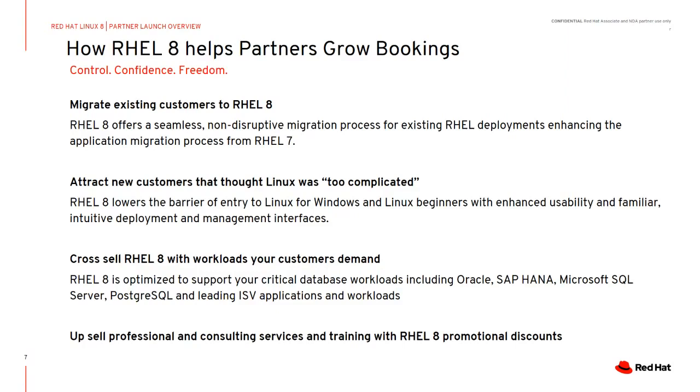Any production environment mostly runs with critical databases, including Oracle, SAP HANA, SQL, and other third-party ISV applications. For those workloads, we are providing a very optimized environment or platform to run on. That's why we said cross-sell RHEL 8 with workloads your customers demand. It also provides the container-based environment or platform to run all these databases.